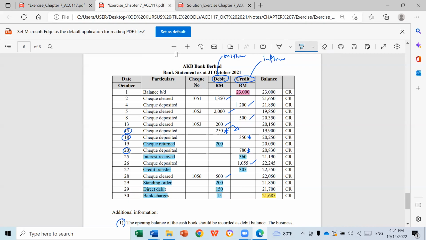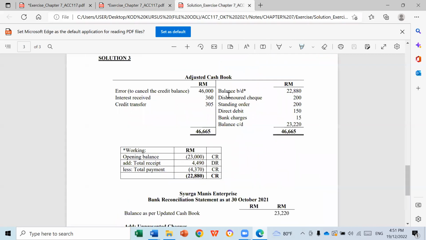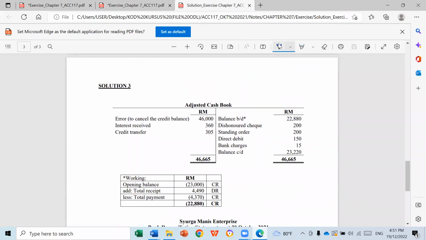So now let us prepare the adjusted cash book. First, we are going to record items recorded in the bank statement but not recorded in the cash book. We will start with the balance.